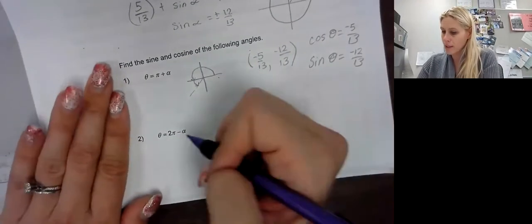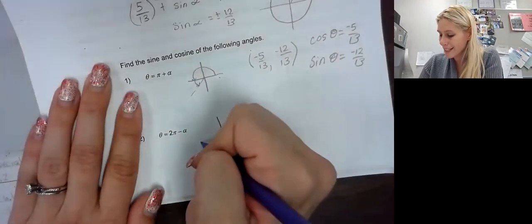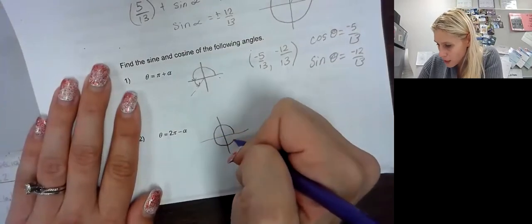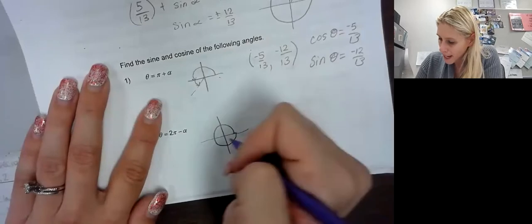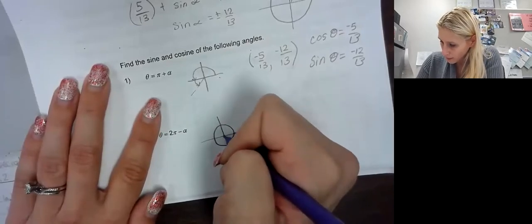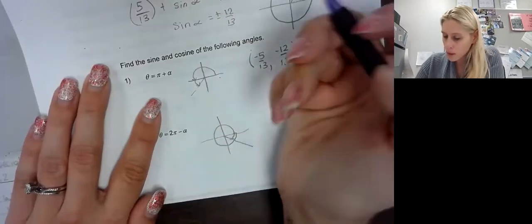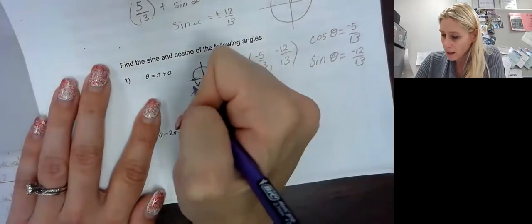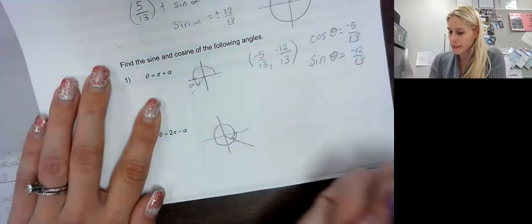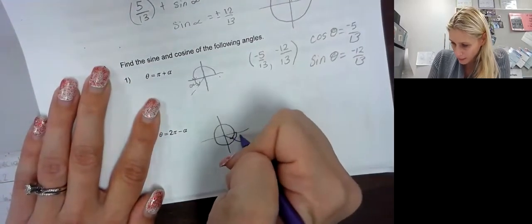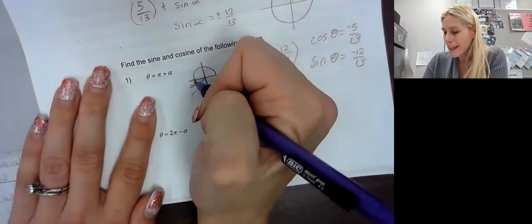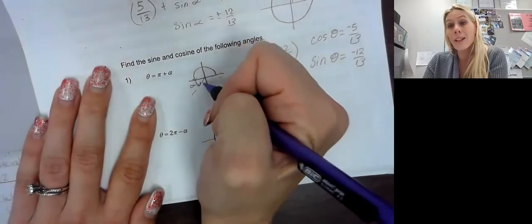Okay, let's try this one. This one's 2 pi minus alpha. So 2 pi means that we would go full rotation, but now what we're going to do is subtract alpha. Remember that we added on alpha here, so this angle is alpha.